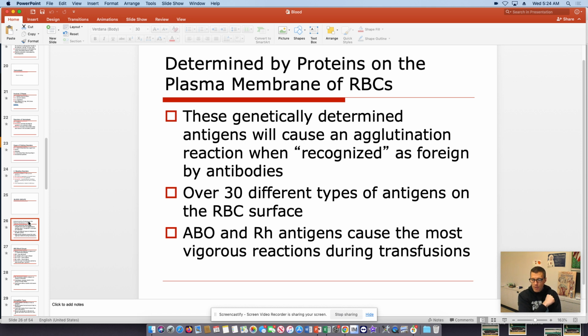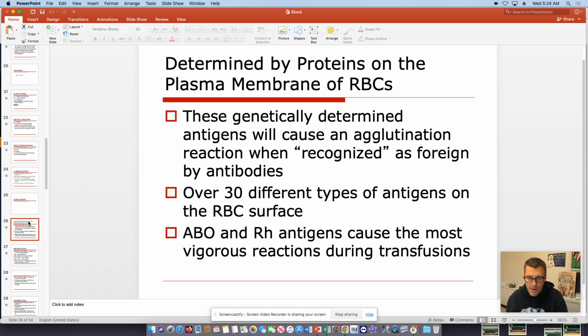And then separately, we inherit an Rh factor. Rh positive means you have Rh antigen, and Rh negative means you don't have Rh antigen. So I know this is an oversimplification, but this would be O negative. Okay, it doesn't have any of those things. It's just a red cell with none of those things.